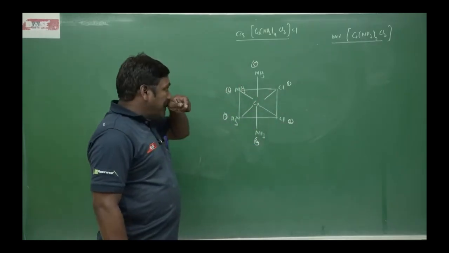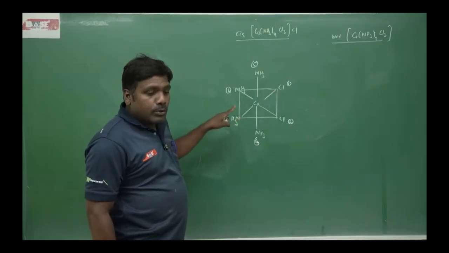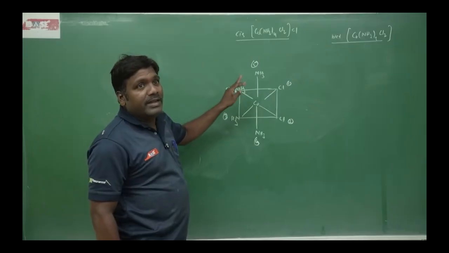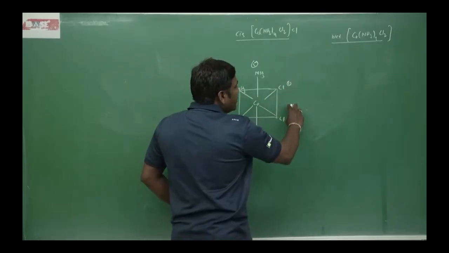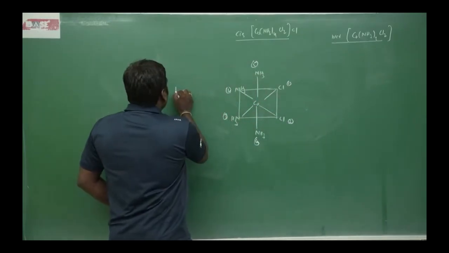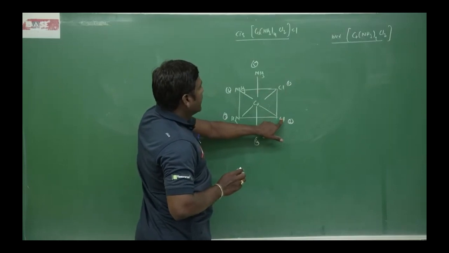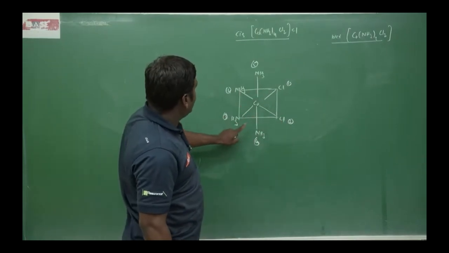Right? Now there should be 2 chlorine atoms and 1 nitrogen atom. Such kind of triangular faces you need. So 2 chlorines should be there, means compulsory 1, 2 you have to take, right? This is 1, 2. Where is the other nitrogen, 1 nitrogen atom here?